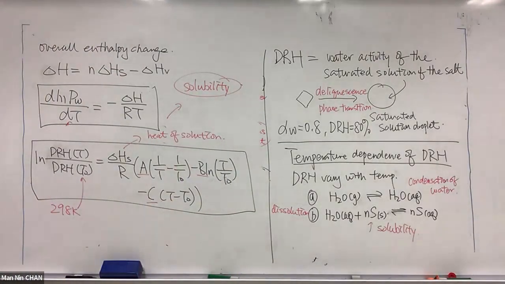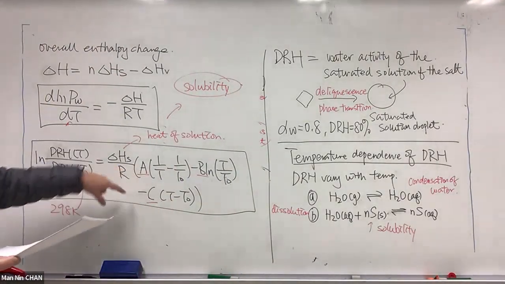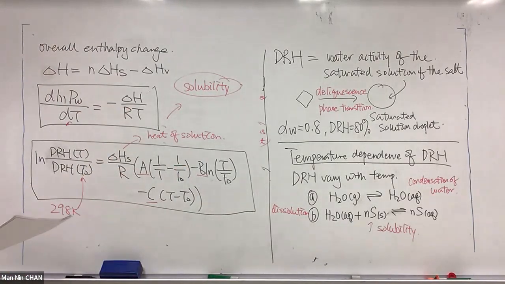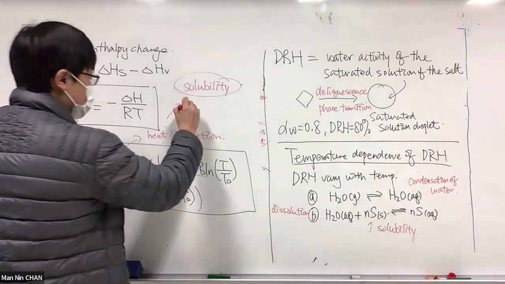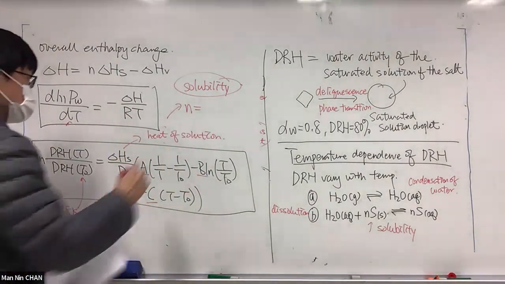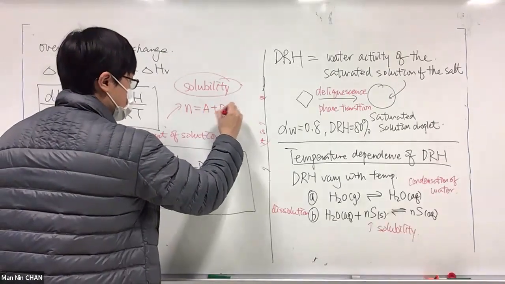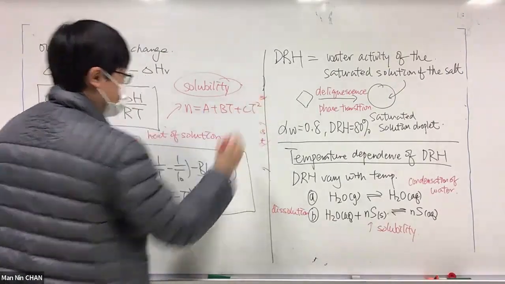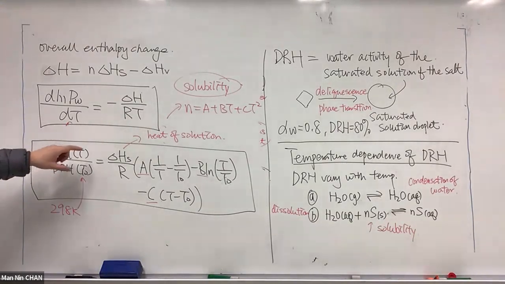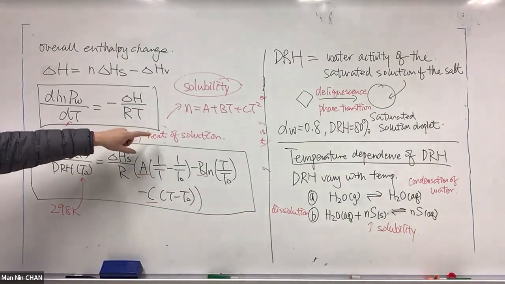So how do you come up with this ABC? One thing is the solubility will also change with the temperature. Most of the time people describe how the solubility of a species changes with the temperature using an equation like this. So when you look at the DRH change with the temperature, of course you need to look at the heat of the solution.